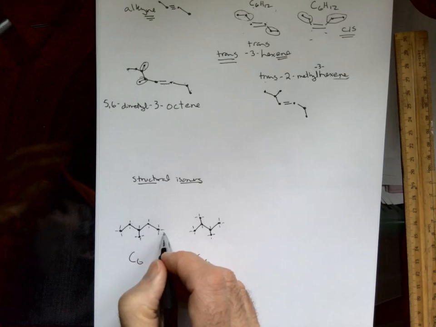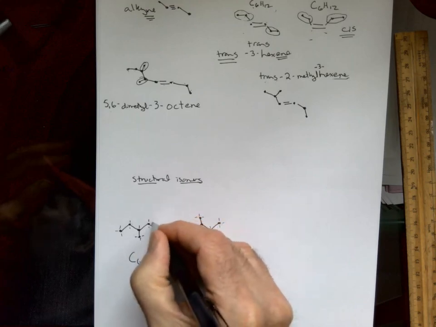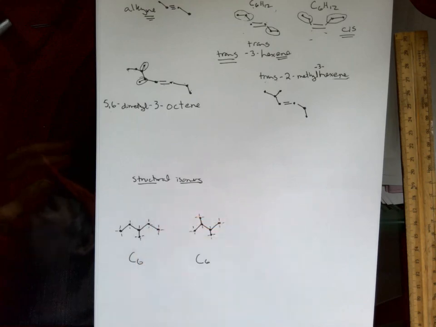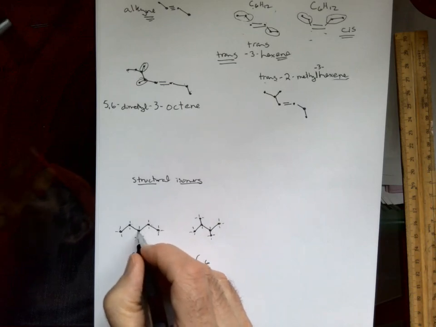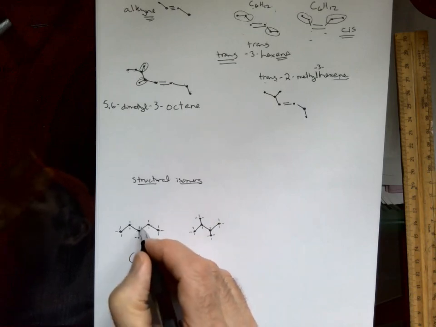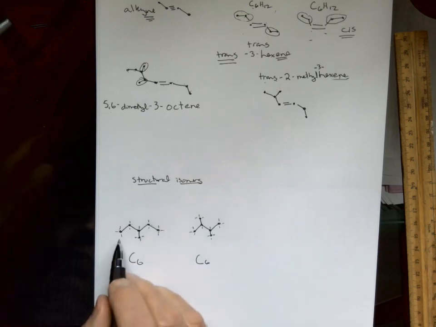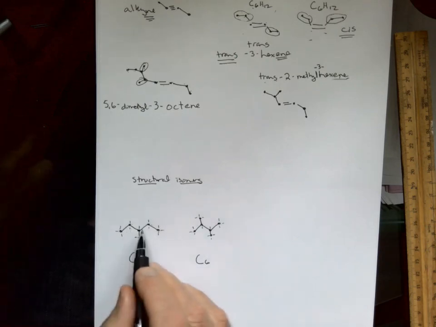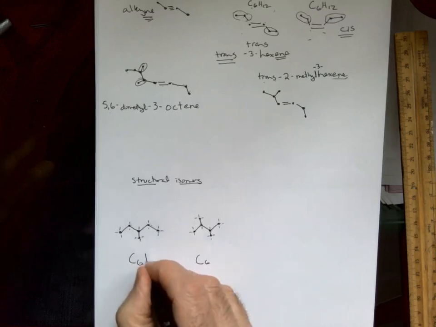So you need 4 lines coming away from each carbon. If we look at this one here, we've got 2 lines coming away from it, so we need 2 more lines, so we've got 2 hydrogens. This dot has 1, 2, 3 lines, so it needs 1 more coming away, so it's got 1 hydrogen. So altogether you've got 3, 5, 6, 7, 8, 9, 10, 11, 12, 13, 14.